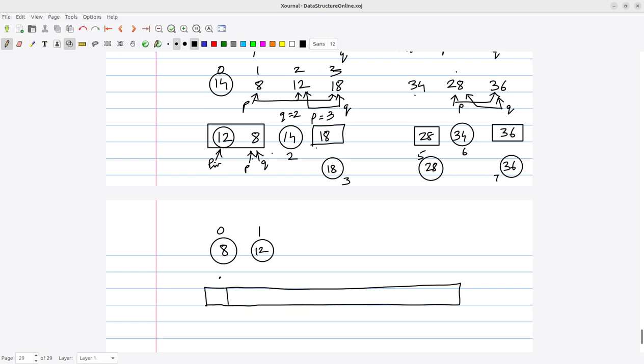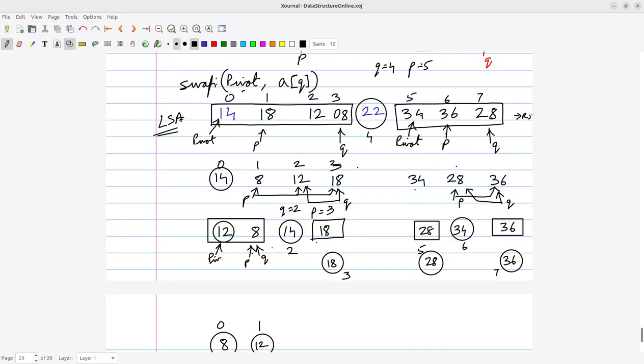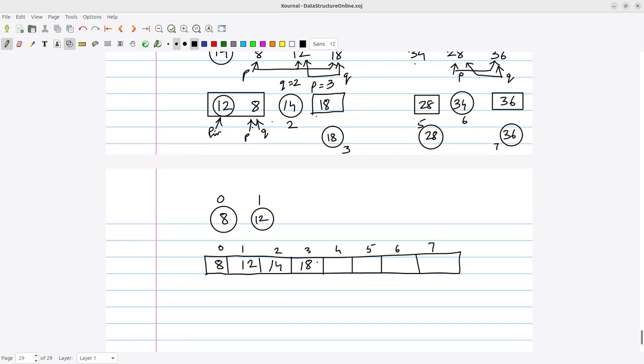At index 0 we have 8, at index 1 we have 12, at index 2 we have 14, at index 3 we have 18, at index 4 the very first element, that is 22, at index 5 we have 28, index 6 we have 34, and index 7 we have 36.